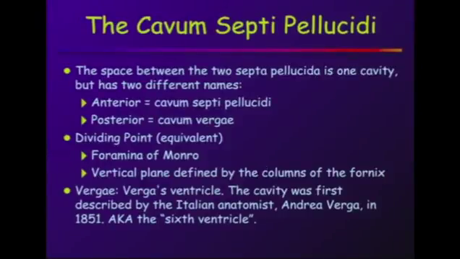To make it even more confusing, there's one physical space between the 2 septa pellucida, the 2 clear membranes, but for whatever silly reason, it has 2 different names. In front, it's called the Cavum Septi Pellucidi, and in the back, it's called the Cavum vergae, and the dividing point is the foramen of Monro. Vergae came from Verga's ventricle, the cavity described by the Italian anatomist in 1851, which is known as the 6th ventricle, an equally silly term.